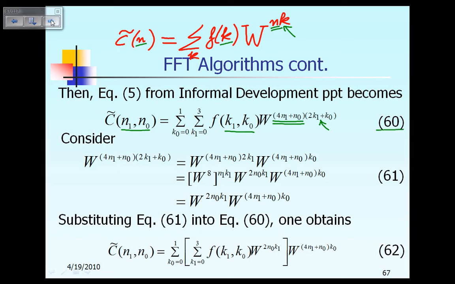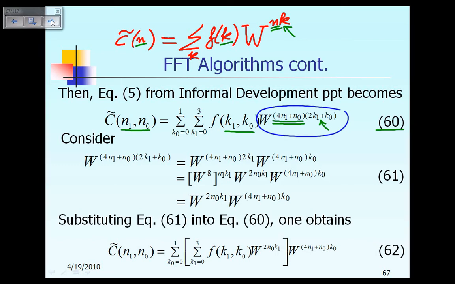That equation 60 is basically equal to the previous equation that I wrote in red color, and we just substitute the value of small n and small k in terms of n1, n0 and k1, k0. Nothing big deal.